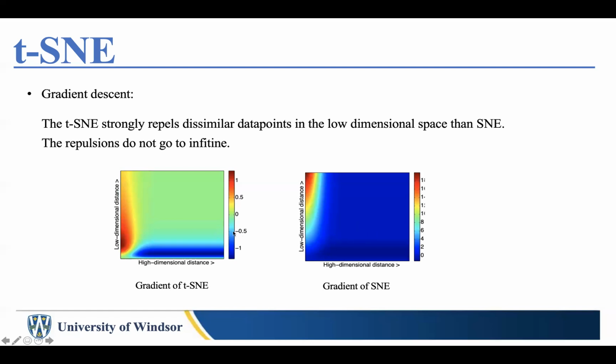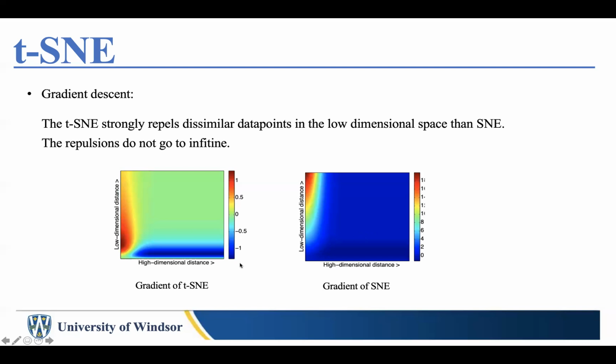First, the t-stochastic neighbor embedding gradient strongly repels dissimilar data points that are modeled by a small pairwise distance in the low-dimensional representation. Stochastic neighbor embedding has such a repulsion as well, but its effect is minimal compared to the strong attractions always in the gradient.